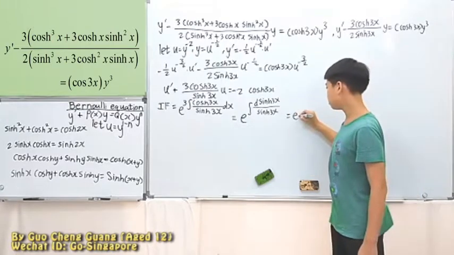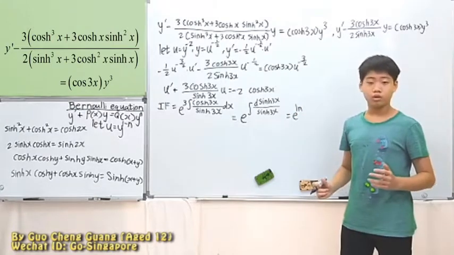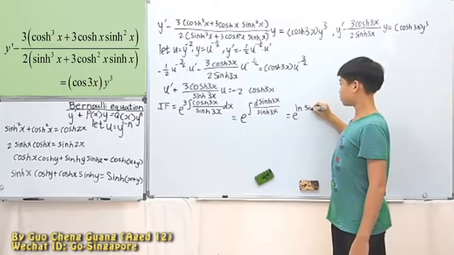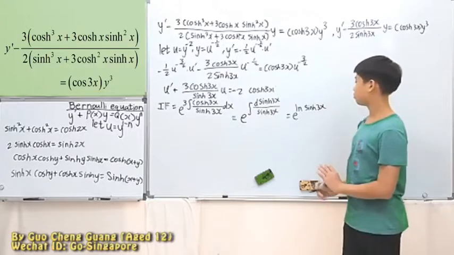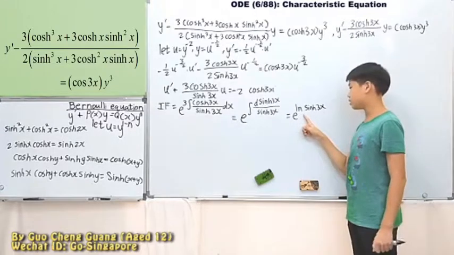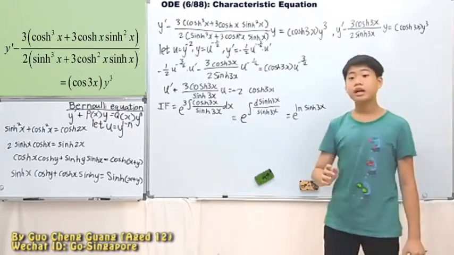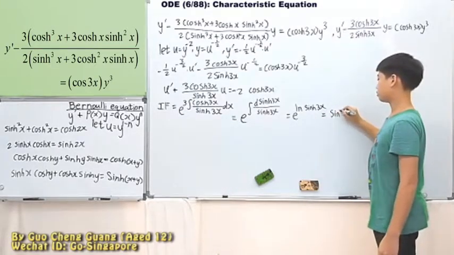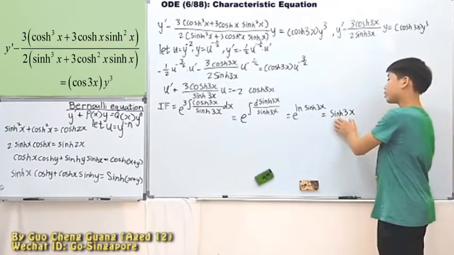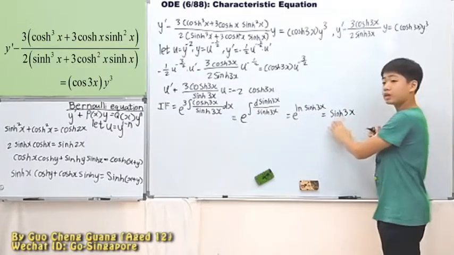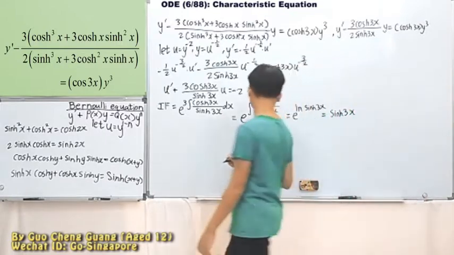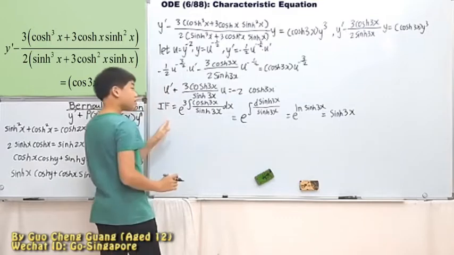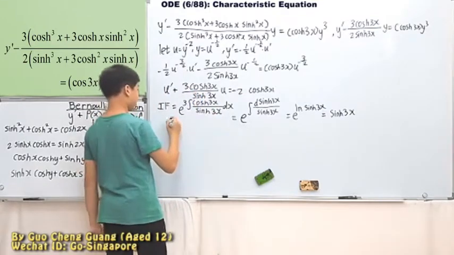Isn't that simple? It is the log, or the natural logarithm. Here is the exponential. Here is logarithm. In fact, natural logarithm. Don't they just cancel out? So this is what you get at last. The hyperbolic sine 3x. Okay, so that means we times this integrating factor on both sides of the equation.